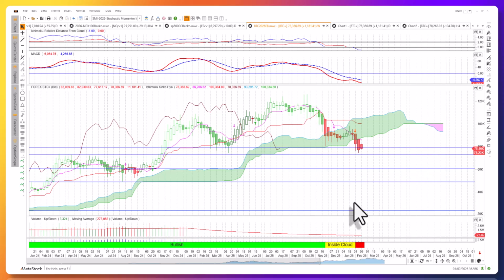Downside risk targets here: if support fails to come back in at this 78,000 zone, that's a significant support zone. You can see it's also an April low here. Are we going to rebound from that or dip back down to these April and May lows down here in August to the downside? So those are the factors to watch out for on the weekly Ichimoku cloud.